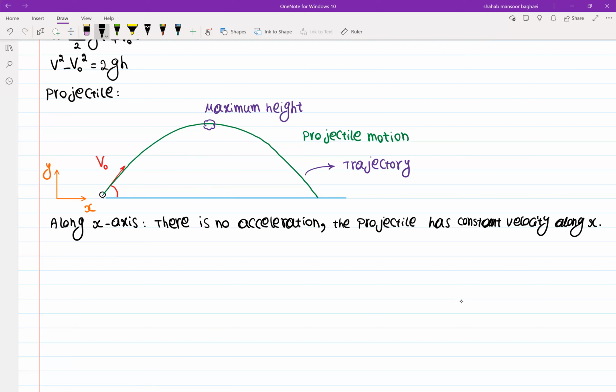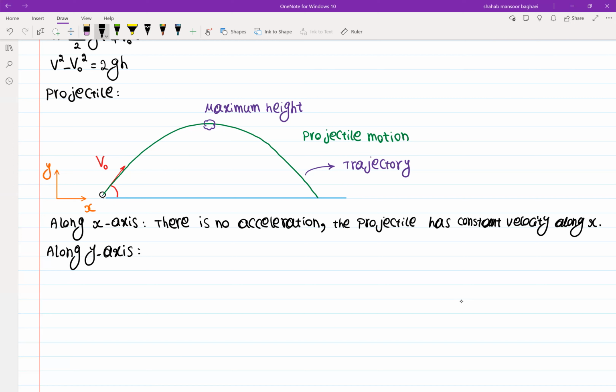Okay, let's focus on the y-axis, along y. It means you need projection. Along the y-axis, project your motion along y. At first, you have upward motion, and that's vertical. And it can reach maximum height, and eventually it will go downward. Do you agree? It is vertical motion, and you know gravity is effective for vertical motion.